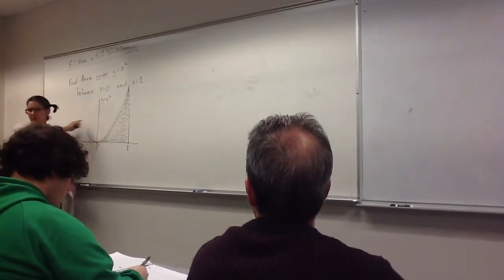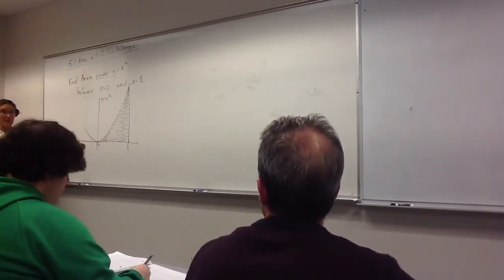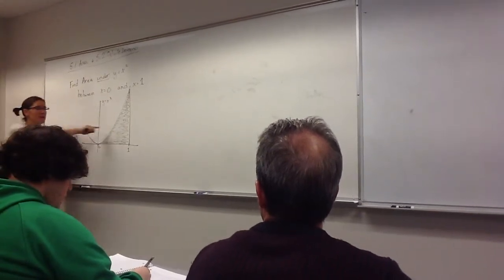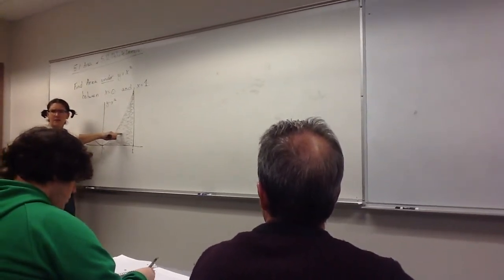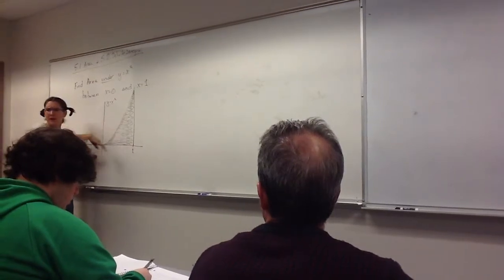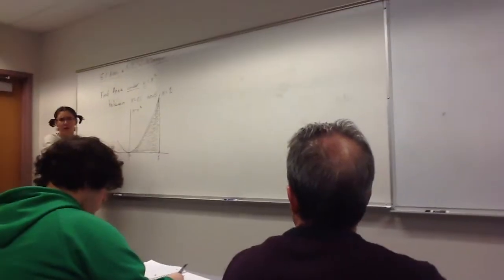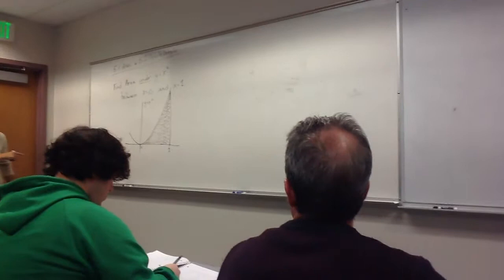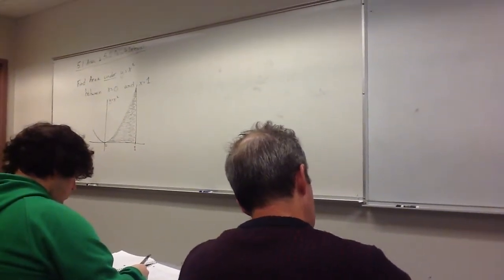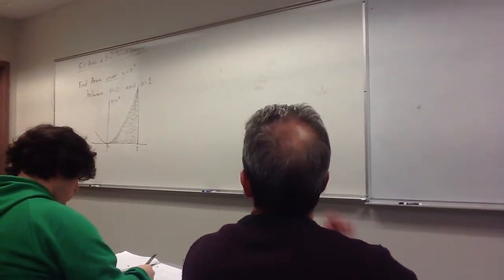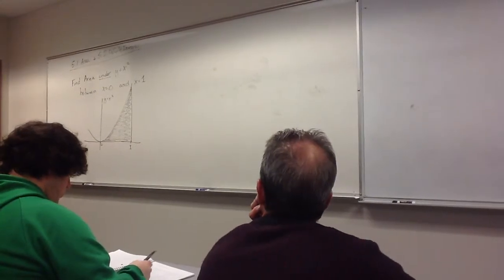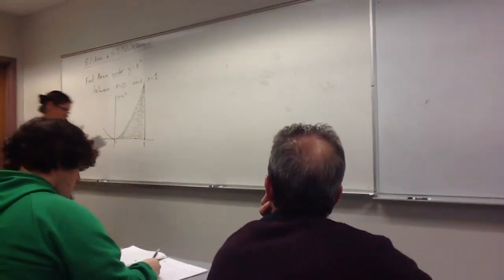But if you look in the front of your textbook, or probably in the front of most textbooks, there is not a formula to find the area of this shape, the shape under a parabola and above a straight line. And so our goal today is to come up with a way to find that area. Okay, any questions about that so far?